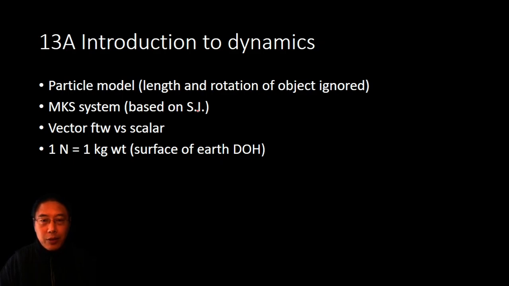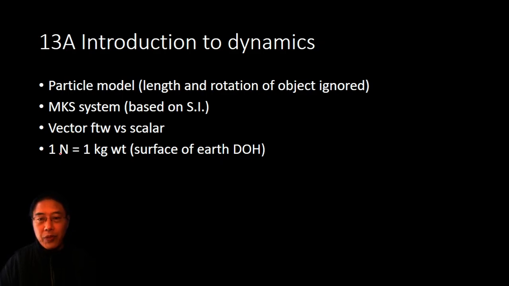Système International in terms of units, or MKS, stands for length in meters, mass in kilograms, and time in seconds. Vectors versus scalars, as we're going to use them in multi-dimensional motion, so two to three dimensions.